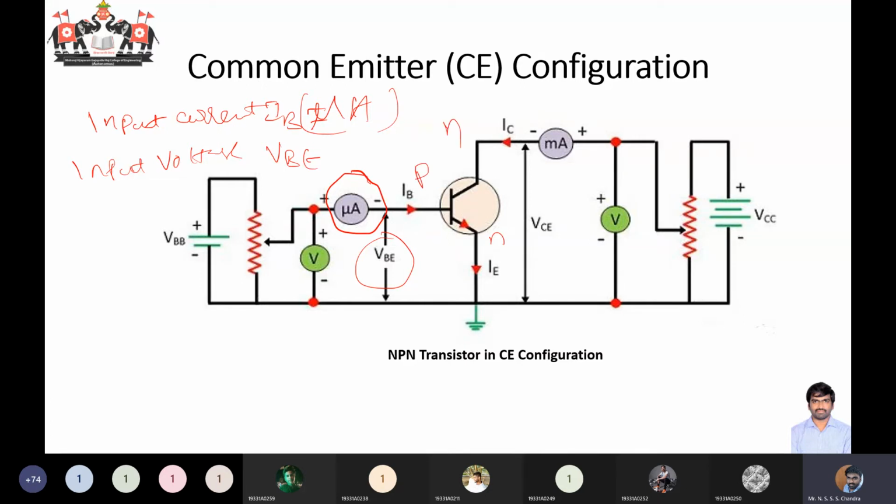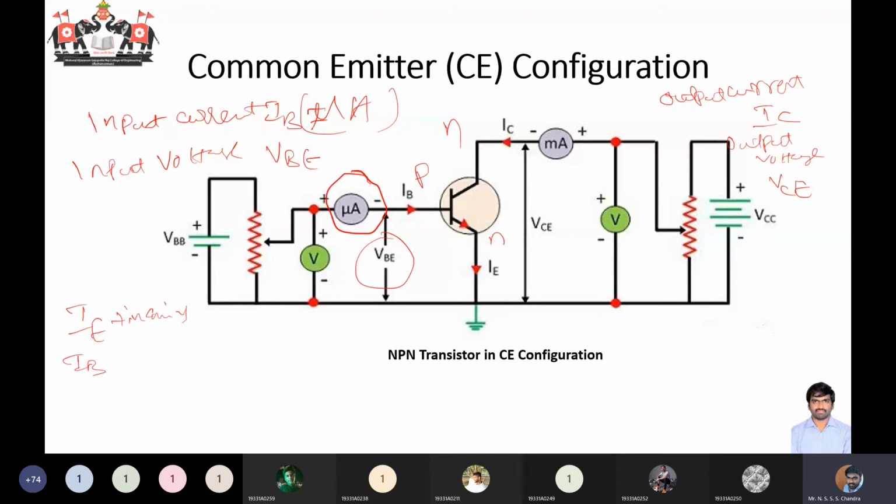Coming to the output current, what is your output current? IC. What's your output voltage? VCE.